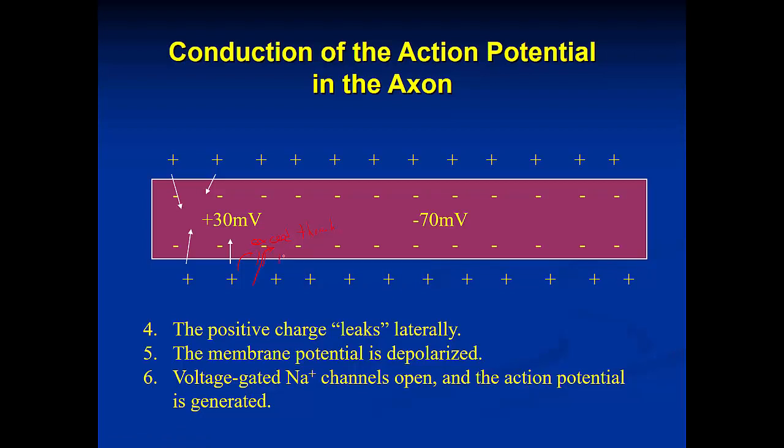What's going to happen to the closed channels here? They're going to open, and sodium's going to come in. That's going to leak to the side, and then you can imagine that happening all the way down the axon. So it's this leakage of sodium leaking laterally that is going to cause the membrane potential to exceed threshold in the axon next to it.